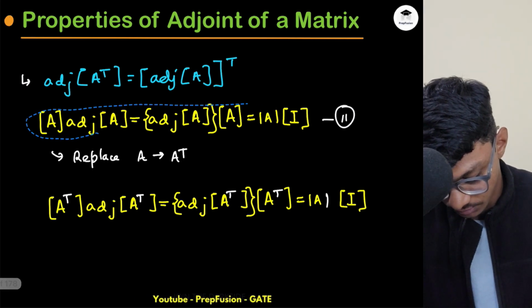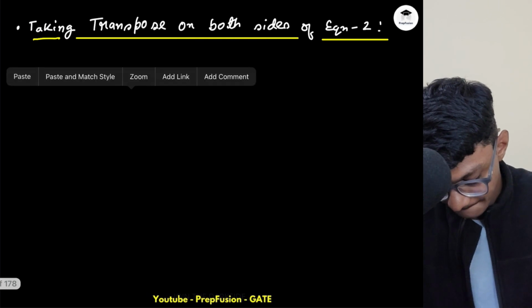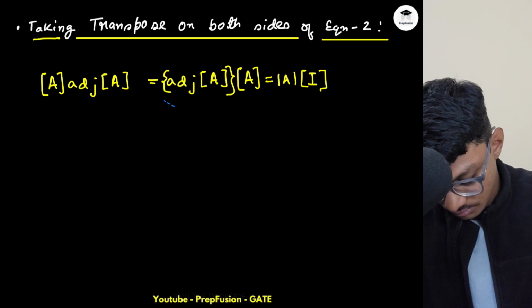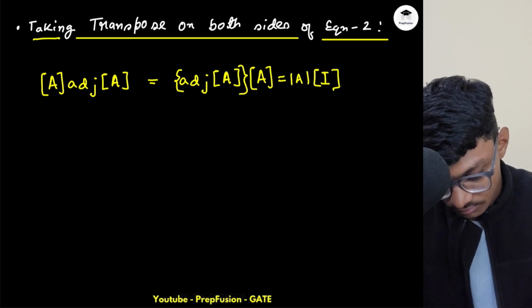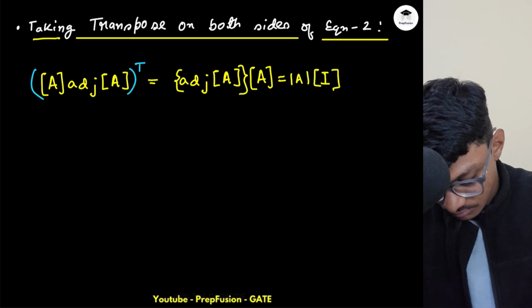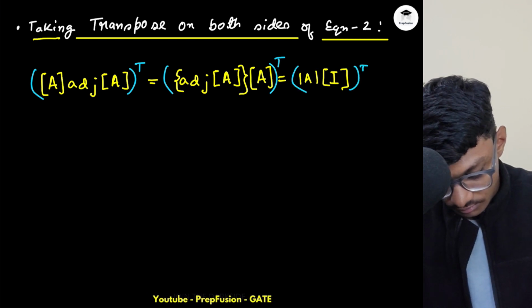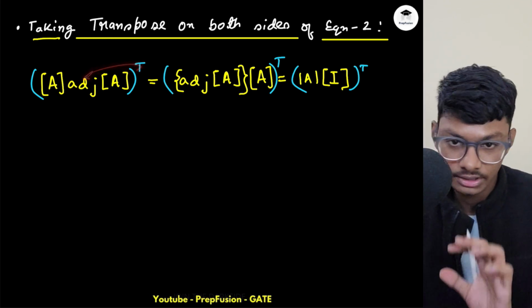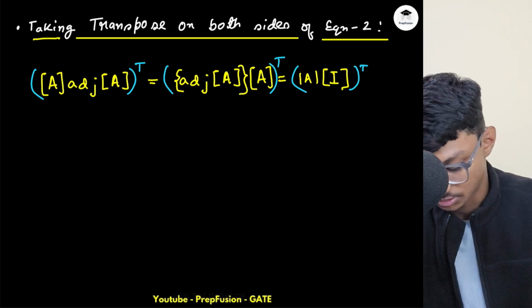Basically, the transpose will come inside, and as I told you, the transpose of AB will be B transpose A transpose.